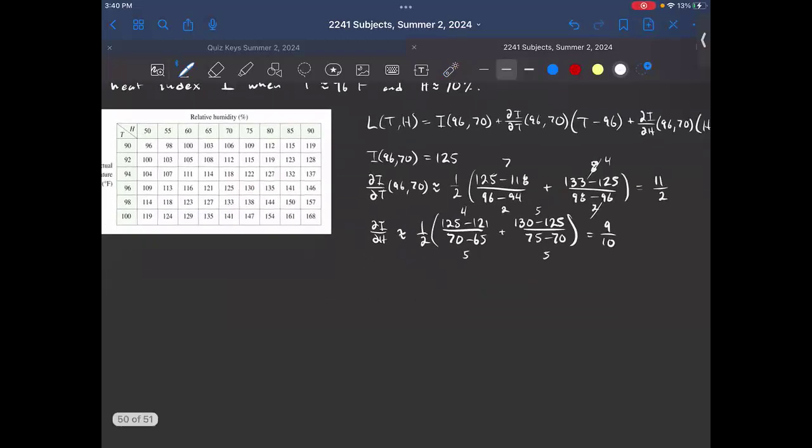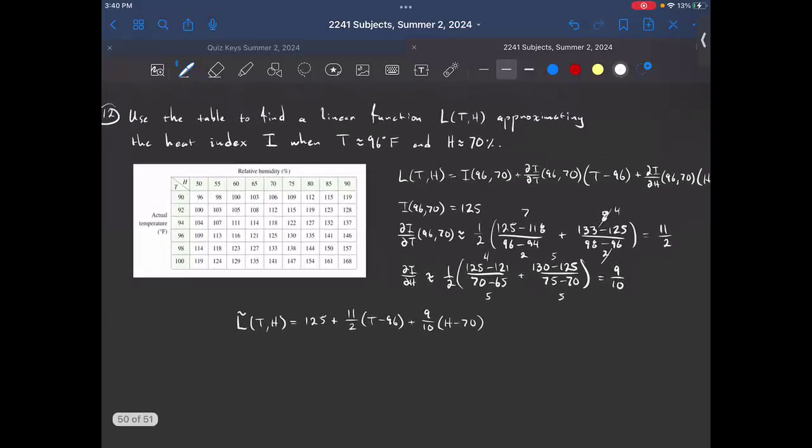And so we're going to write down a linearization here. Maybe we'll call it L tilde because it's not the exact linearization, because I don't know what I exactly is. But this will be 125 plus my T derivative, 11 over 2 times T minus 96, plus 9 over 10 times H minus 70.